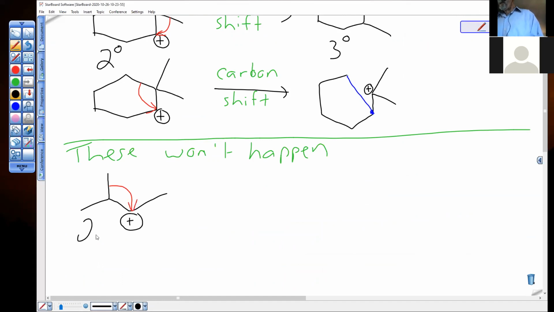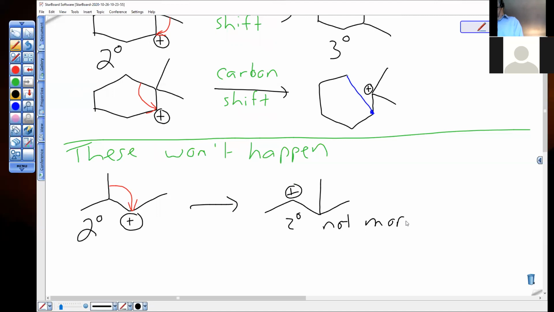There's no reason to go from a secondary carbocation to another secondary carbocation. Not more stable. In fact, you could argue it's the same cation anyway, but it won't be happening. There's no reason for it to happen. So these won't happen. We got to make sure that's clear, that they will not happen. The reason is you didn't generate a more stable cation.